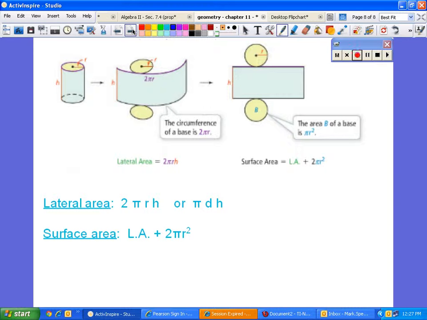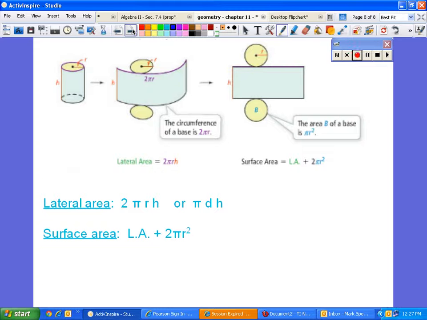Otherwise, again, it's the same as with a prism. The surface area is the lateral area plus 2 times the area of a base. The only difference between a prism and a cylinder is that because it's a circle, the formula is a little bit different. Otherwise, it's exactly the same.